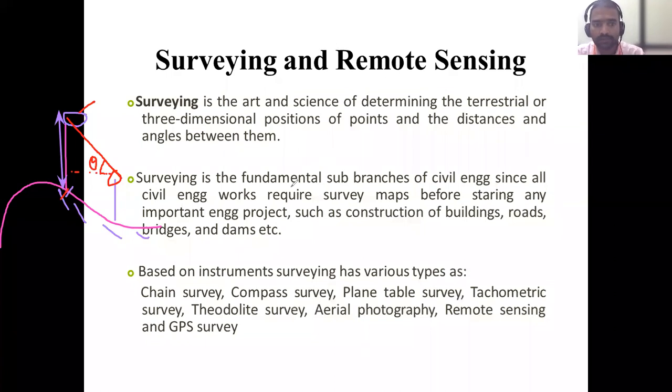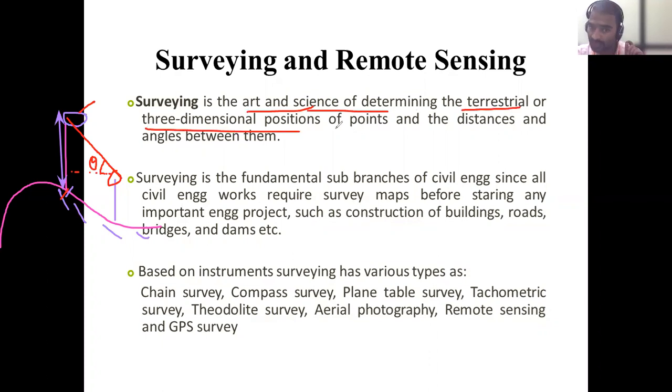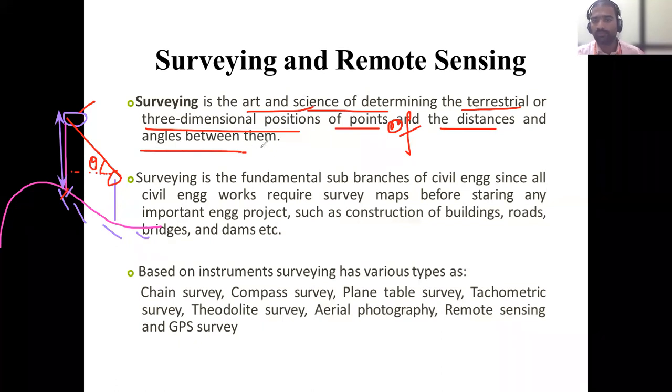See, surveying is a branch of civil engineering which deals, it is an art and science of determining the terrestrial or three-dimensional position of points and distances and angles between them.